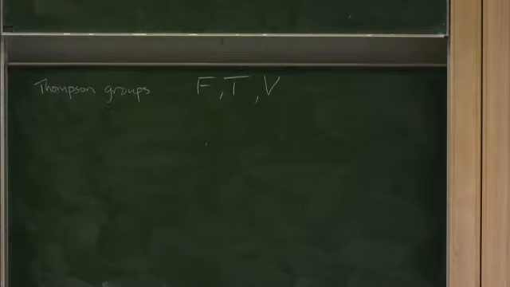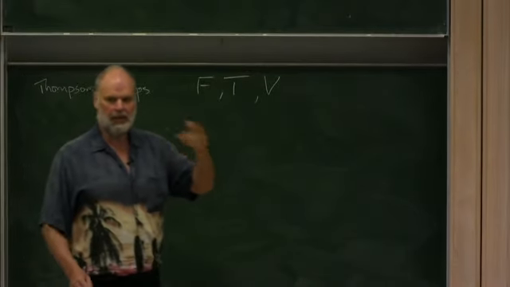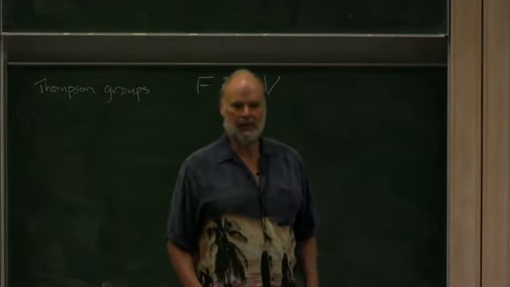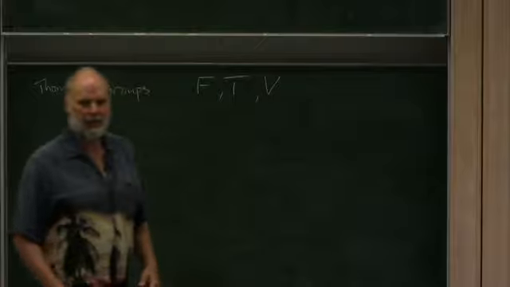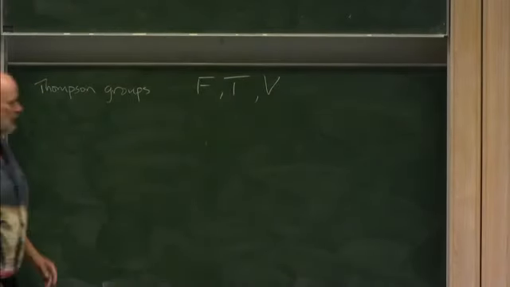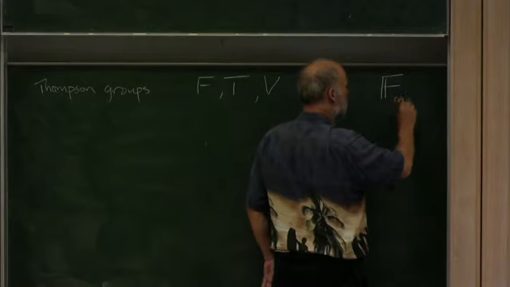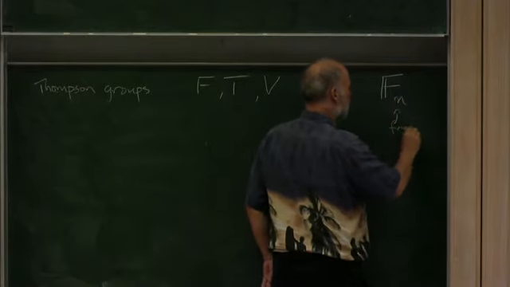But this is the traditional name for it, F, which is a little unfortunate because it has certain relations with the free group. And there's Thompson groups F sub n for every n. So there's some confusion. So what I'm going to do is, if ever I have to talk about the free group Fn, this will be the free group.